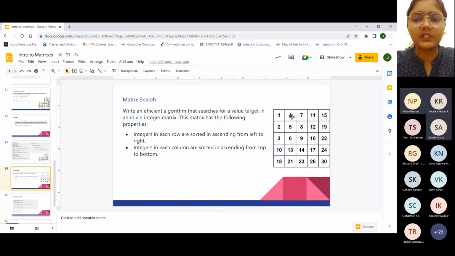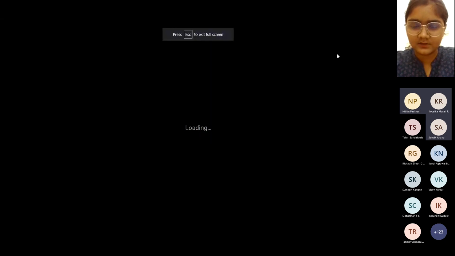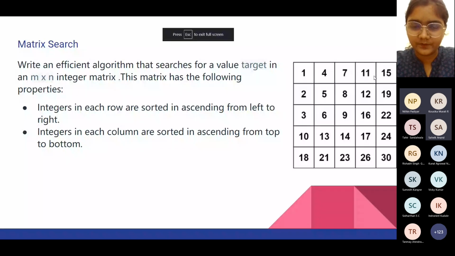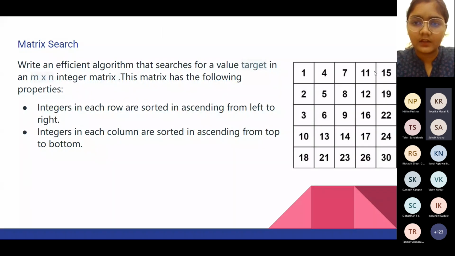You mean the last row? Sorry, no, we should start from the topmost row and keep going until we are able to determine that this element is going to be in this row, because we know that the largest element in a particular row is always at the end. So if we determine that the element is smaller than the last element of a row, we will know that it's in that particular row.